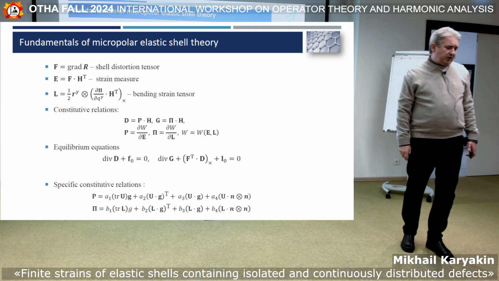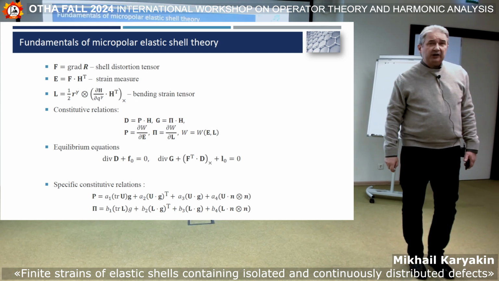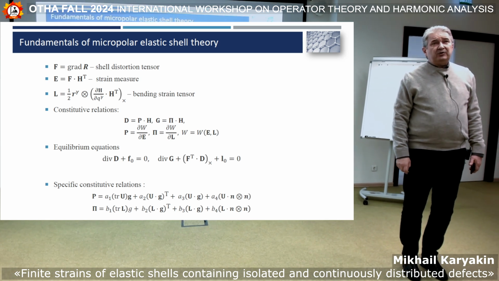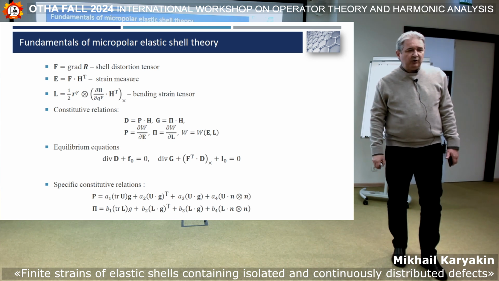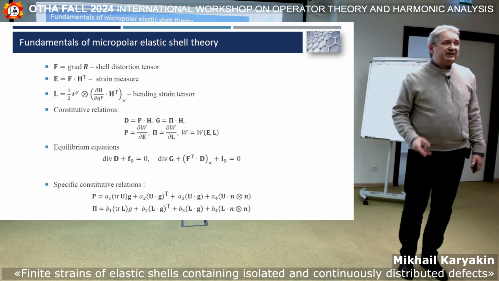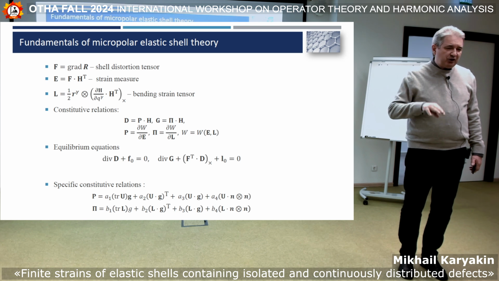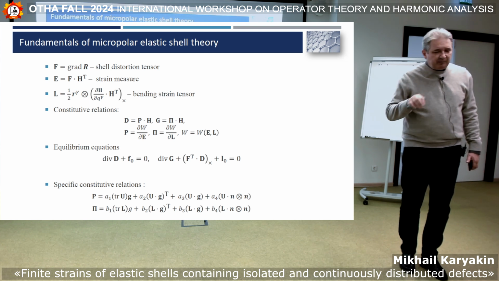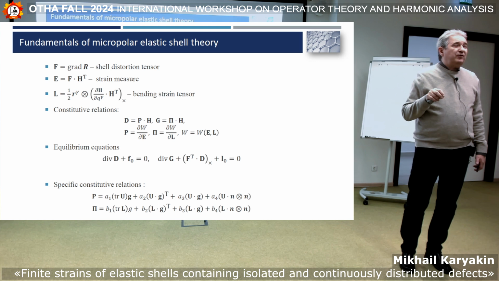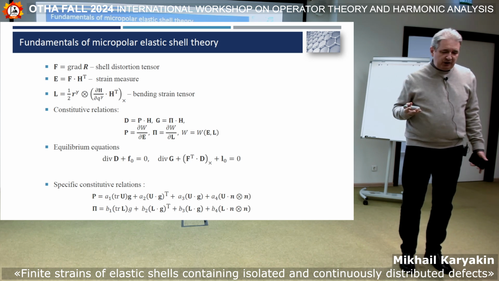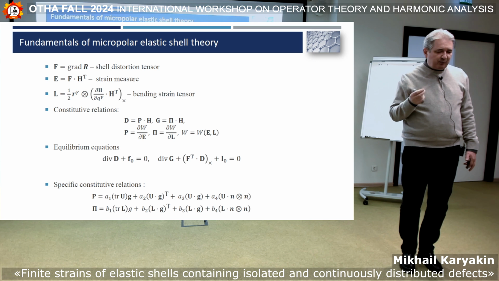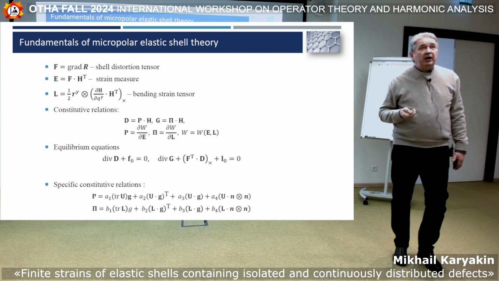These are the equations of our micropolar elastic shell theory. We introduce several tensors, or we can think about them as 3×3 matrices. This is in some sense, first of all, a two-dimensional theory, because every point can be characterized by two coordinates on the surface, but at the same time this is a three-dimensional theory because every point exists in three-dimensional space.